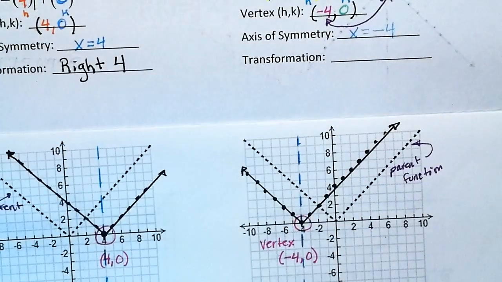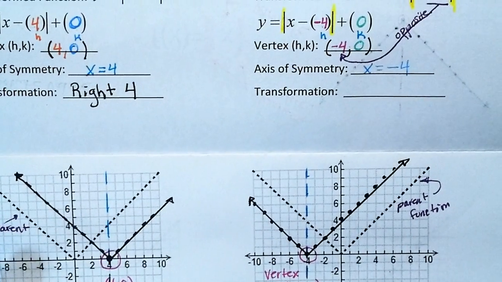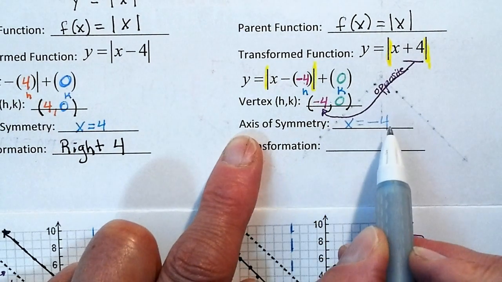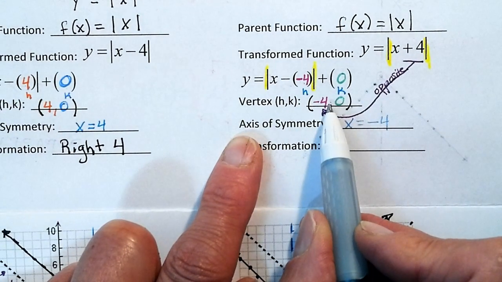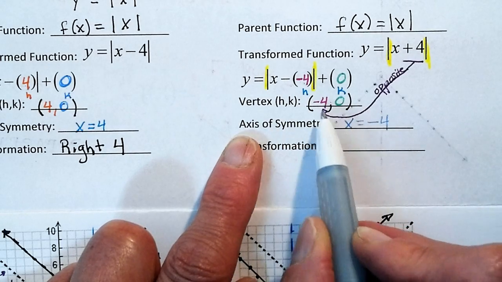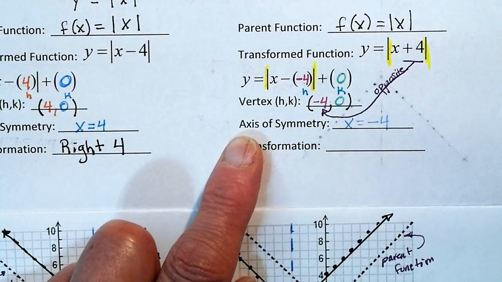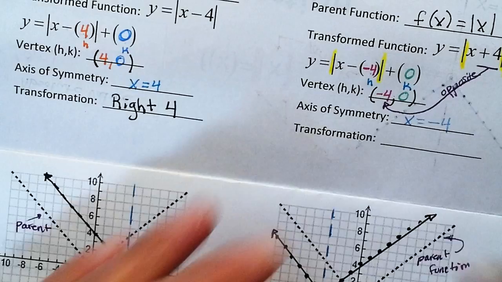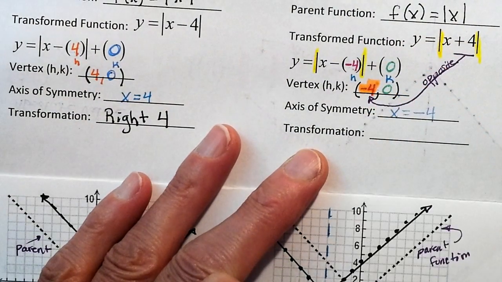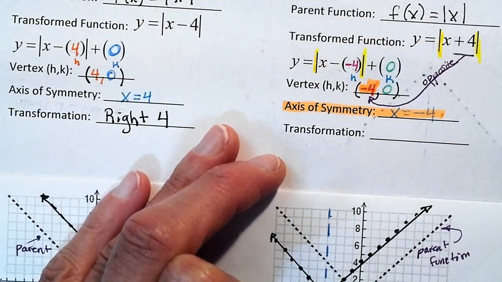I just want you to notice that my axis of symmetry and the x value of my vertex are the same. This is where x is -4. This is saying x equals -4. So I want you to make a note of that. This value here at my vertex is the same thing as my axis of symmetry.